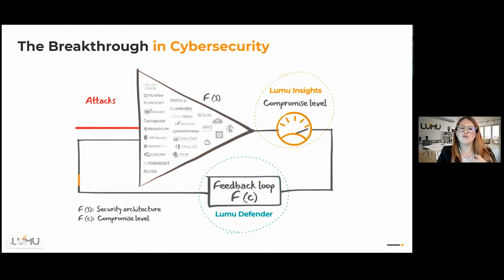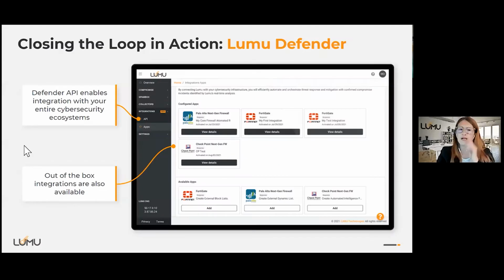Now you may be curious as to how the integration process works for Defender, and we're going to show you now. With Defender, we have 2 forms of integration. Here we have API, and we also have out-of-the-box integrations. The API allows organizations to integrate their entire cybersecurity ecosystem directly through the Lumu Defender API.